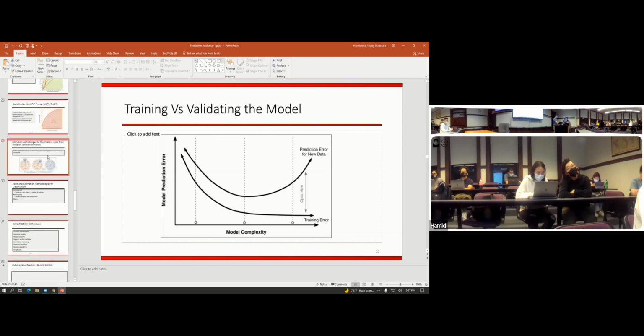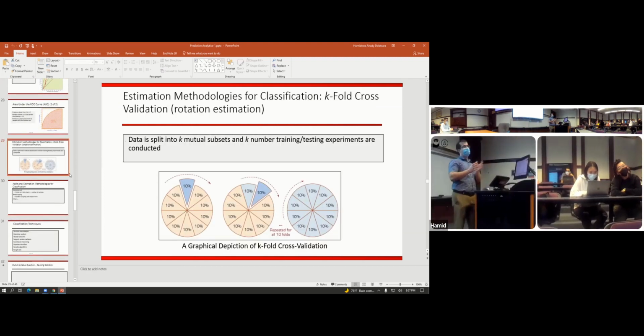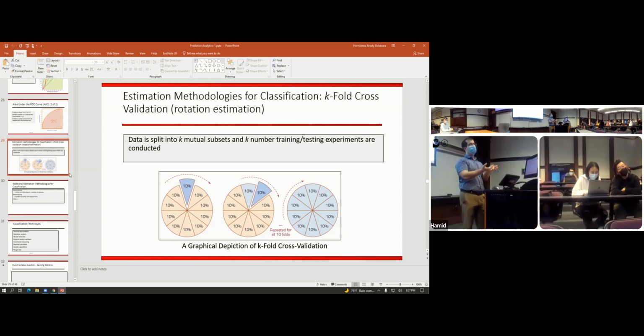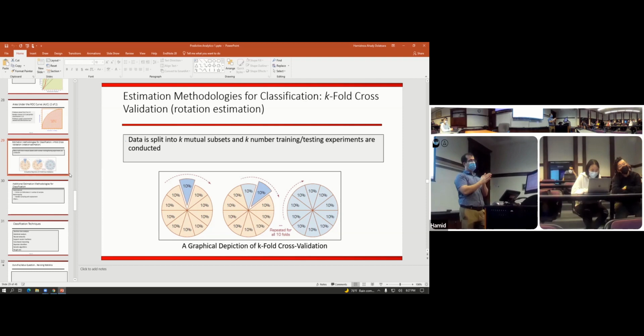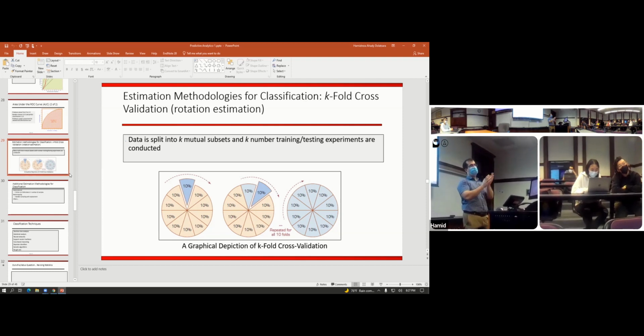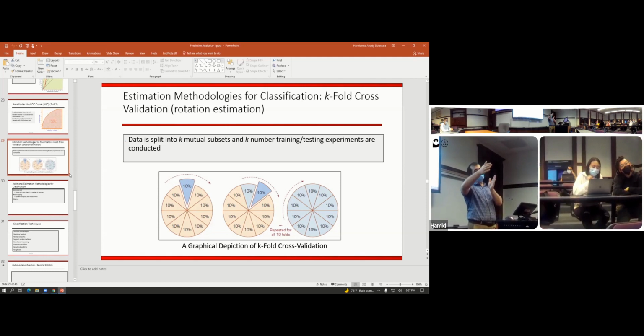Don't be worried, you don't do these things manually. It's just a module you drag and drop, and you see the report of 10-fold cross validation. You see how the performance is, and also you look at the performance of the test set.